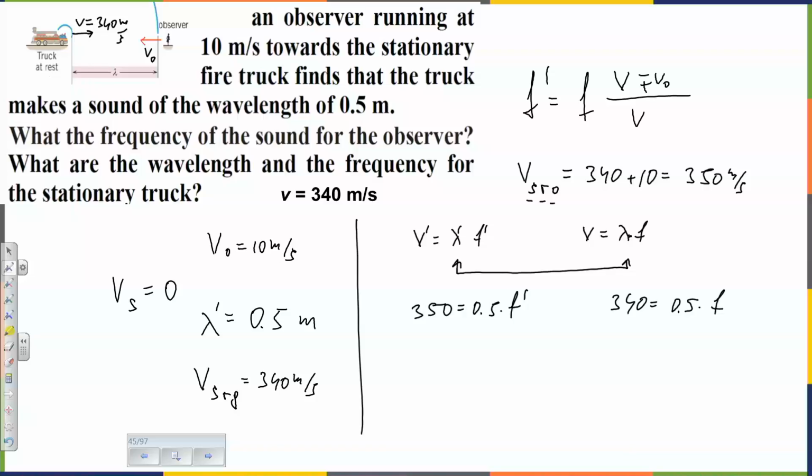We don't really need that equation, but we could use it to check if numbers actually work. They will, of course. So this will be equal to 700, and that should be equal to 680.